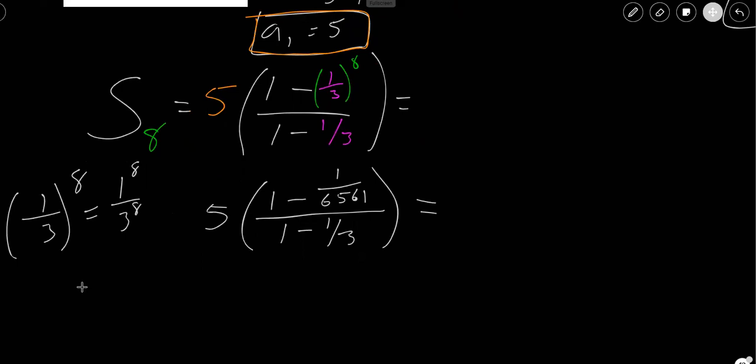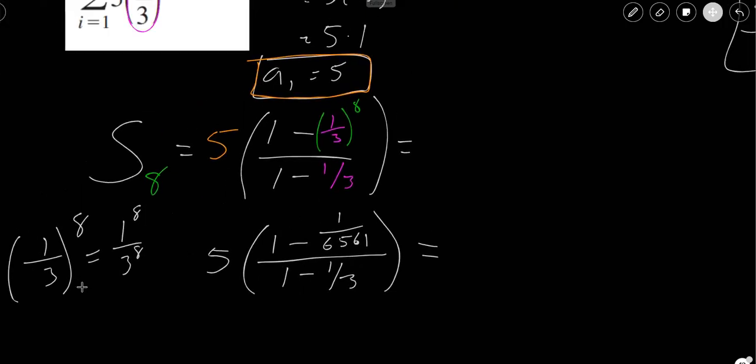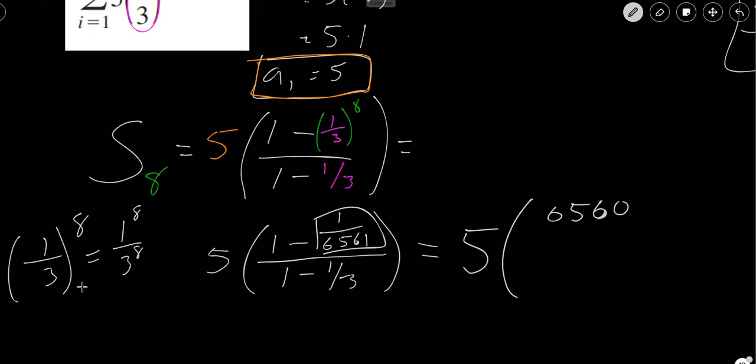So 1 minus 1 over 6,561. I can rewrite that. So my outside of the parentheses stays the same. 1 minus this little tiny fraction is just going to result in almost a whole up top. And then in the denominator, it's going to be 1 minus 1/3, which is 2/3.